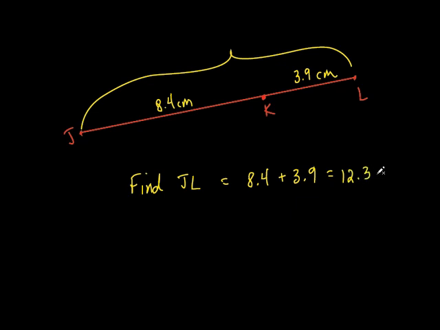It's in centimeters, so keep it in centimeters. So that's all there is to it. It's not that hard to do. You could add those very easily. You just have to understand what this notation means. It means find the length of JL, and you have to look at it and understand, okay, I just add those together and I can find that whole entire thing. So that whole entire thing would be 12.3 centimeters.